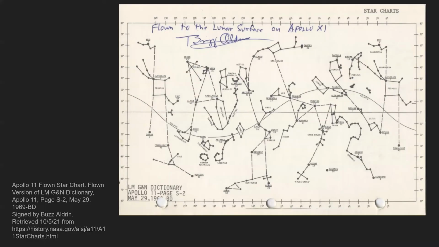Well, what about this? Does this look like a map to anybody? You can drop a comment in the chat or something like that, but this is a map as well. It's not of the Earth, it's of the stars, and it's actually used so that the Apollo 11 astronauts could navigate on not the geography, because it's not geo, but the lunar surface.